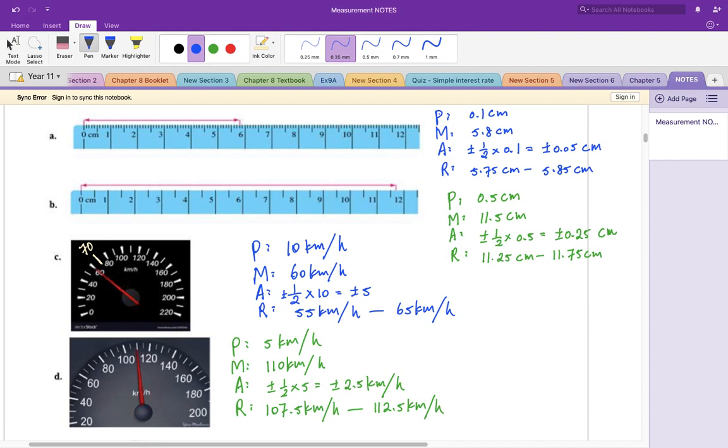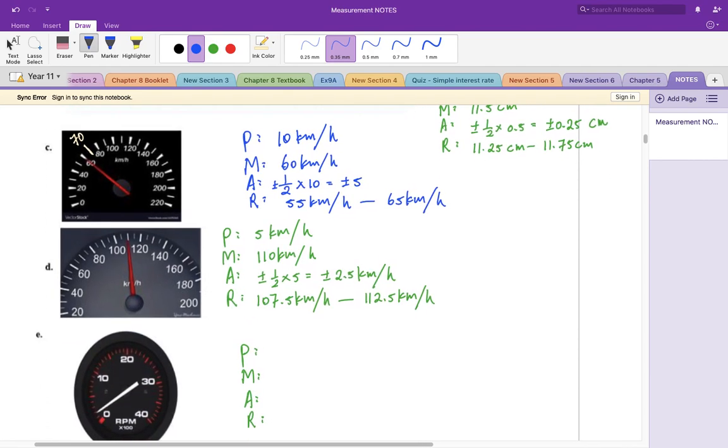So you only read whatever is on the ruler. On the ruler, this is closer to 11.5 than 12, so I'm just going to keep 11.5. So the absolute error, half times 0.5, is plus or minus 0.25, which you subtract from and add to the measurement. This is how I got this.